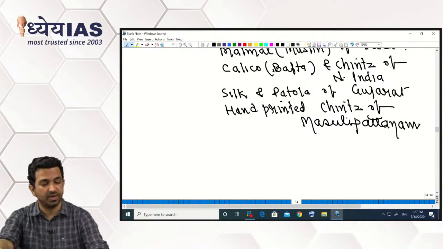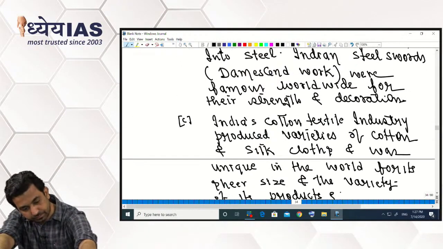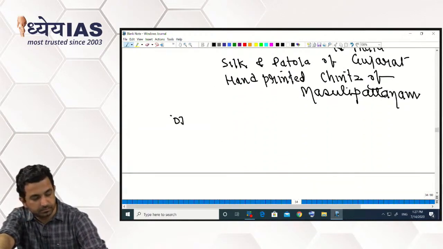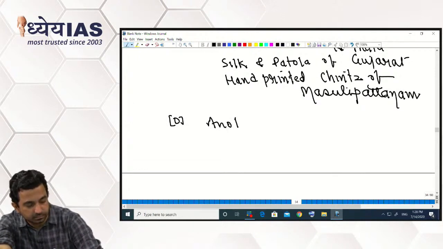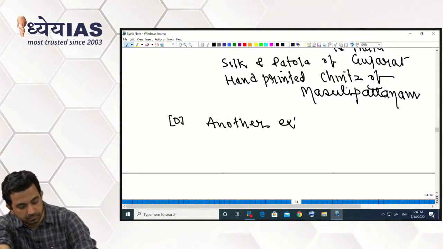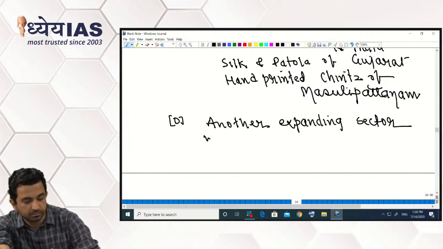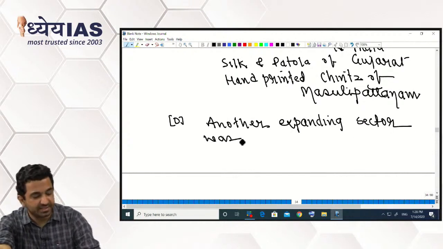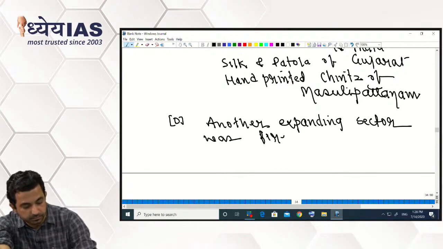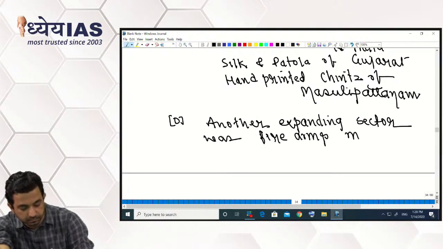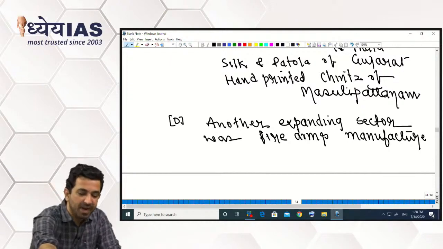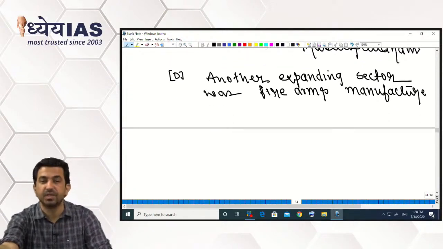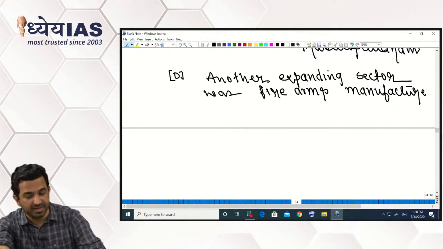So, fourth point, another expanding sector was firearms manufacture.